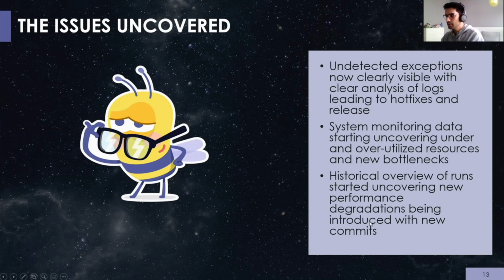The last really interesting thing that happened is that because now we have a historical view, we were several times able to catch performance degradations between a new commit and a really older commit. And we can now tell the developers that, okay, between this version and this version, between this date and this date, there were some changes in the performance, and these queries were impacted.